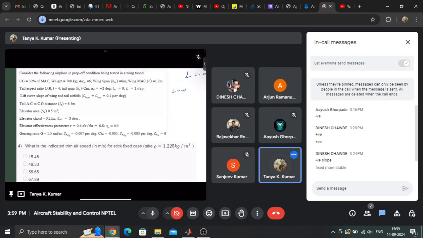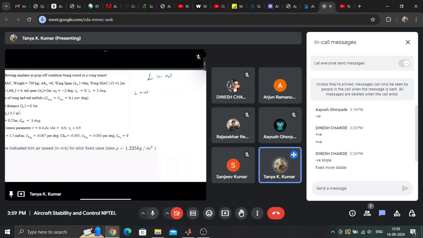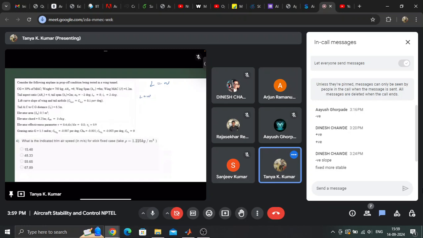Sure, I'll just try doing it again. I'm getting 48. Let's just try doing this. So our formula is lift is half rho v squared S CL, and we need to find out v. Right? So this is equal to this.